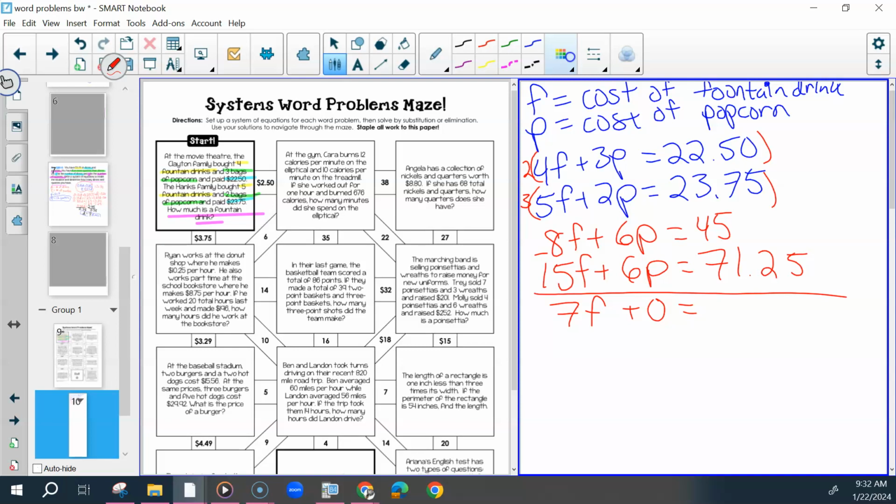Say that one more time, please. Yes. That's okay. I mean, negative 26.25. Is that what we all got?